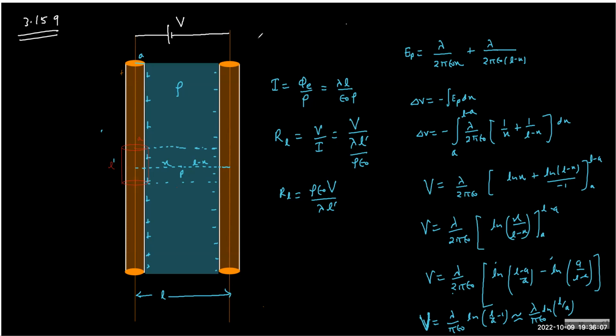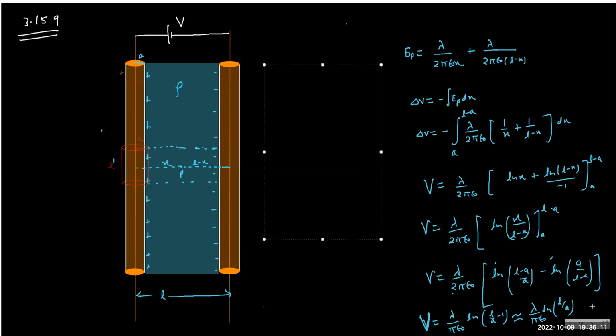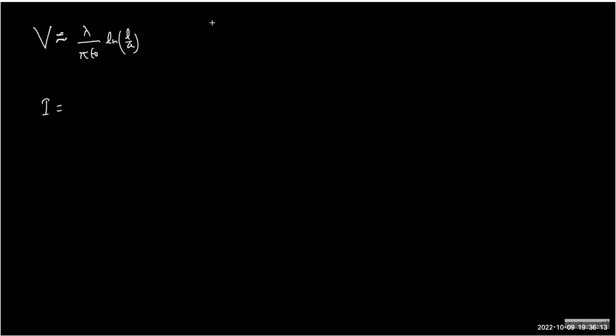Okay, I'll check it and do it again. Leave this part. So we got the V value. And current we can write as current density into area, which is 2 pi A L.